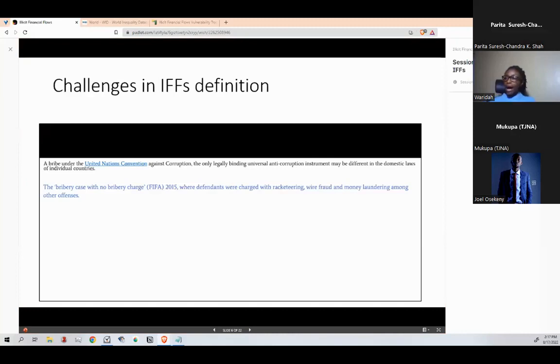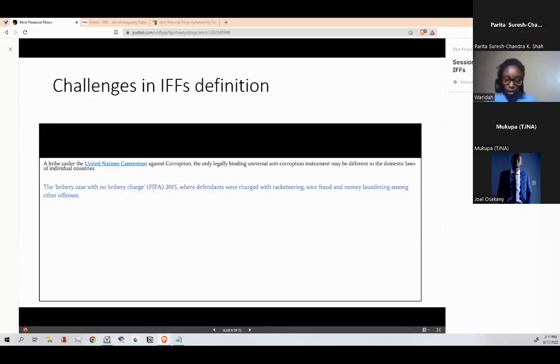Okay, so as I was saying, there's one legally binding universal anti-corruption instrument, which is the United Nations Convention Against Corruption. With that in mind, we have to realize that this instrument has some problems, or rather, it is not aligned to what countries agree with.